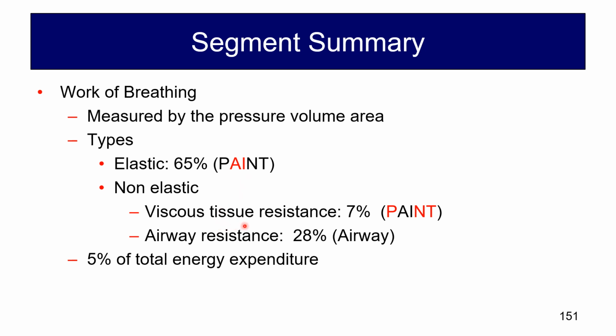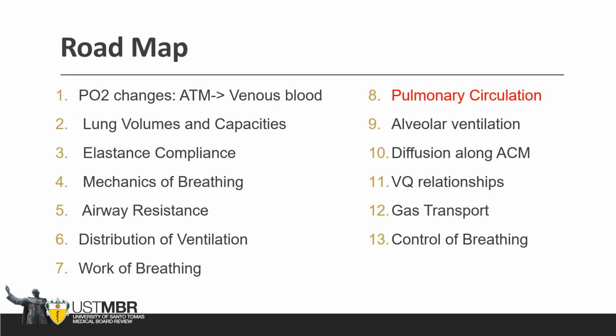The viscous tissue resistance work of breathing accounts for only 7%, and it's increased in chest wall diseases such as pleural, neuromuscular, and thoracic cage diseases. The airway resistance work of breathing accounts for 28% and is increased in airway diseases. Under normal condition, only 5% of the total energy expenditure is used in the work of breathing.